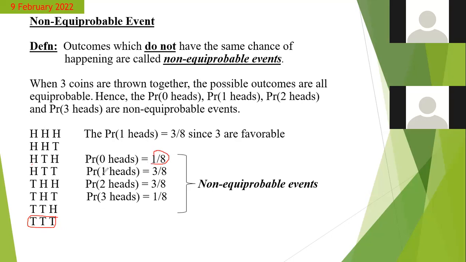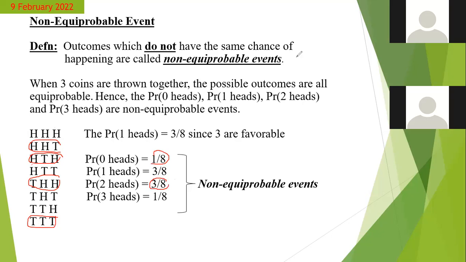The probability of getting 2 heads, you look at this and see how many ways you can get 2 heads. This one can give you 2 heads. This one gives you 2 heads. This one gives you 2 heads. So you would find that out of the 8 possible outcomes, the probability of getting 2 heads would be 3 out of 8.